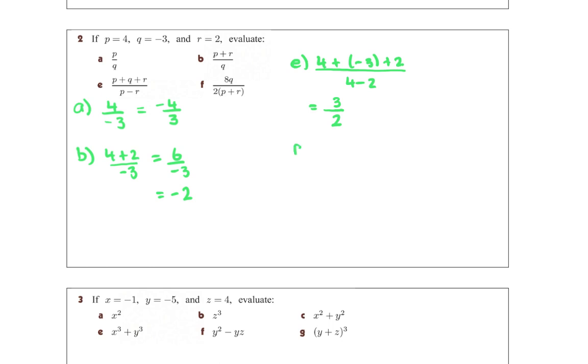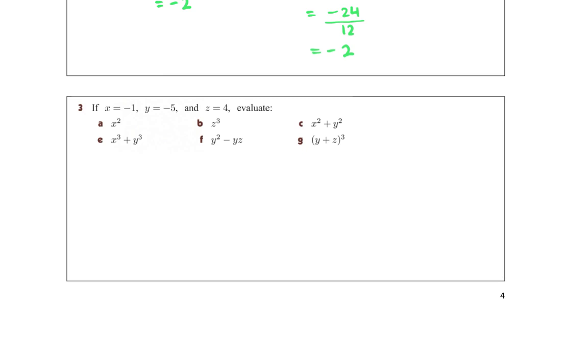And the last question, question F, we have 8 times -3 divided by 2 times P plus R, 4 plus 2. Which gives us -24 over 12, which is -2. Okay, I'd like you to pause the video, do these questions, and then start the video and check your answers.